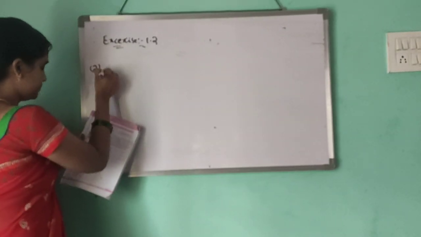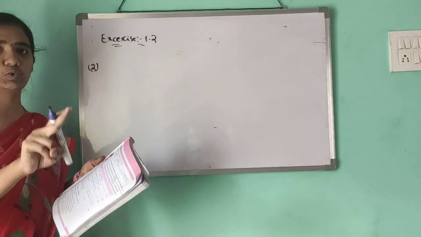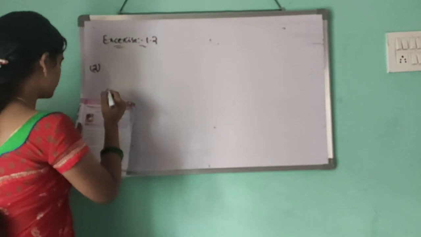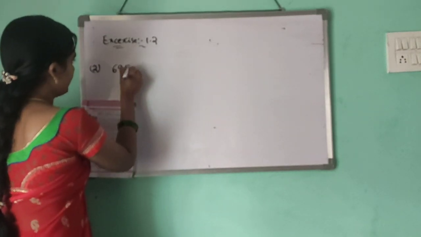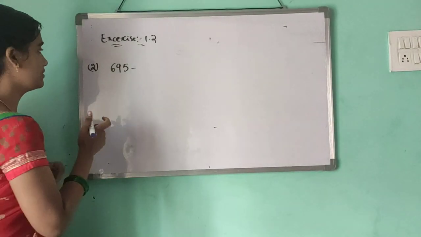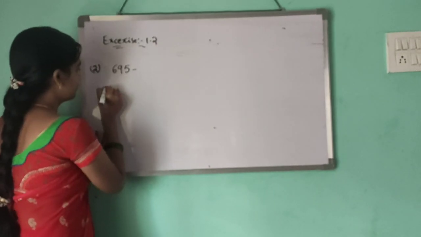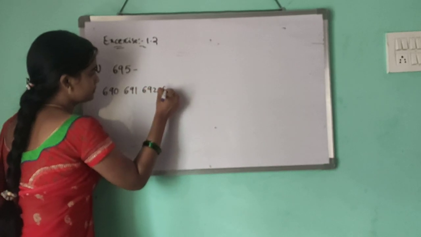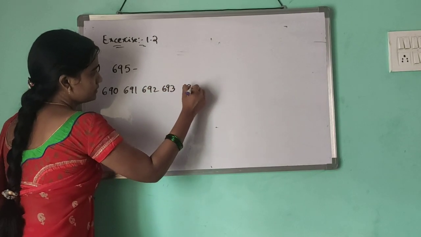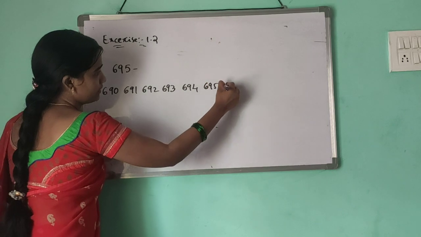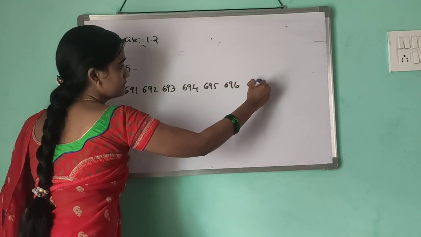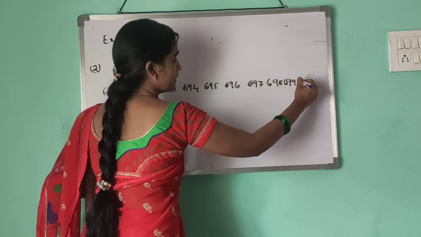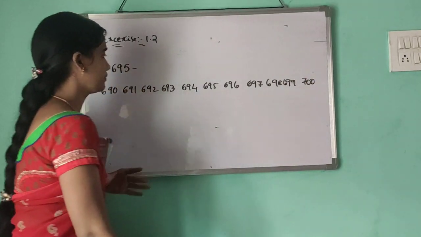Going to the second one. The first part gives two numbers. That means we have to find the nearest tens in one and the nearest hundreds in the other. 695: which is the nearest number? We can see 690, 691, 692, 693, 694, 695, 696, 697, 698, 699, 700.